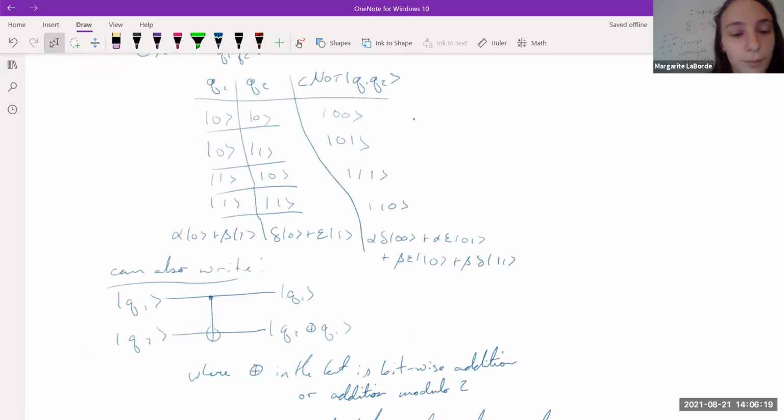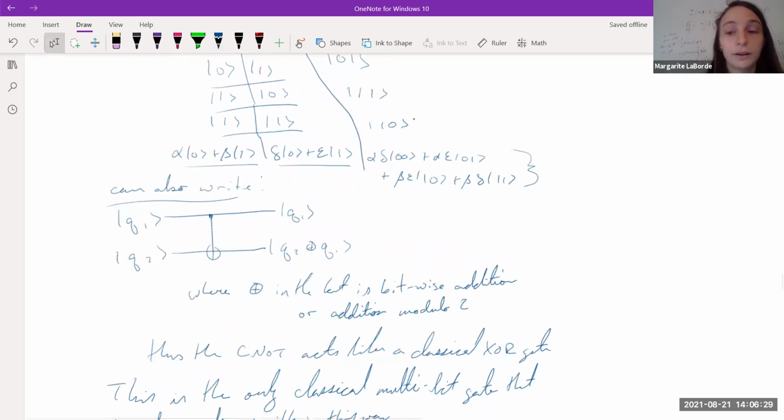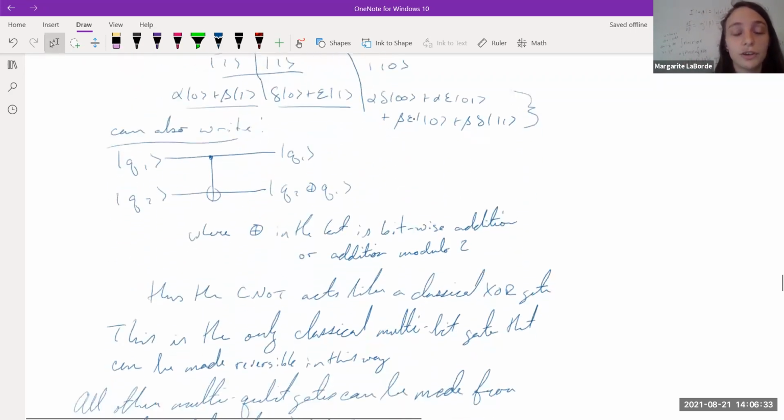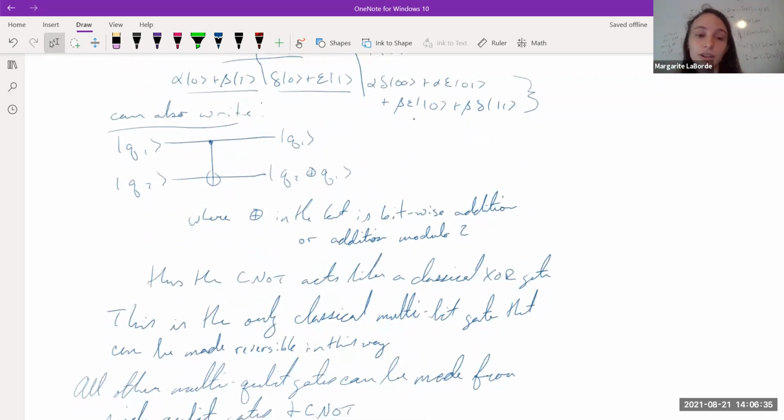Then you can describe the action on a superposition state as well by combining these, and you'll get something that looks like this. Another way you can do it, if you don't like truth tables, is to describe the action using this bitwise addition notation, which can be really convenient for very complicated quantum circuits.